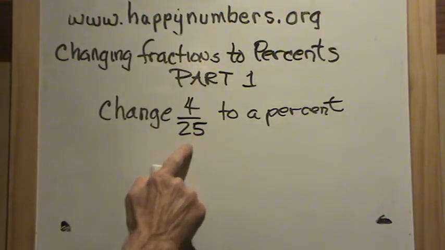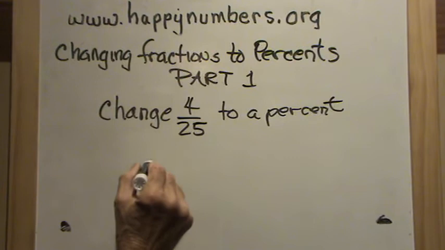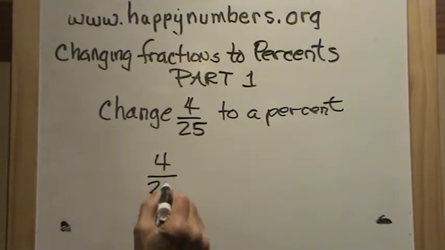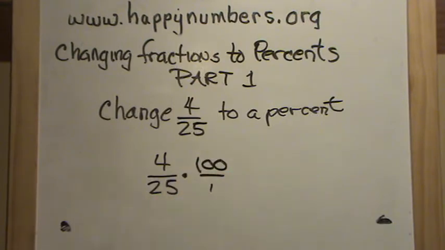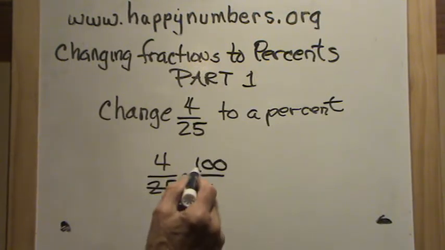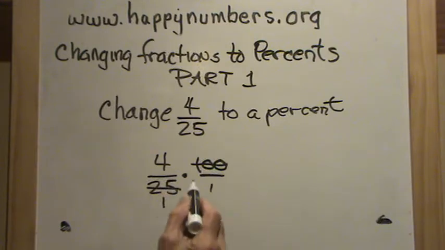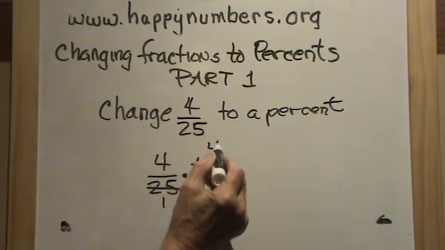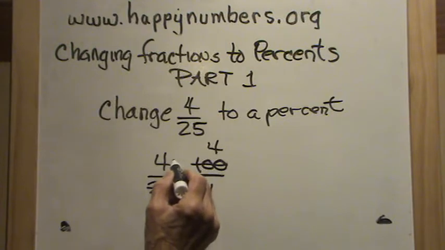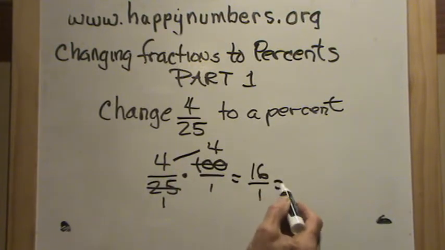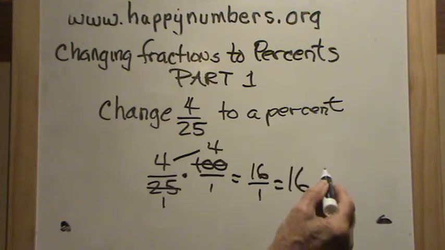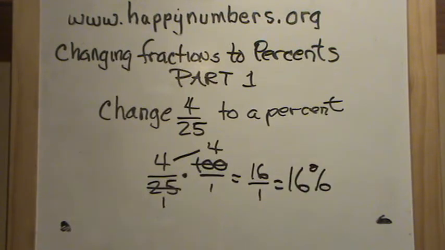Well, 25 goes into 100 evenly, so we can use the method of multiplying by 100 over 1. 25 goes into 25 one time. 25 goes into 100 4 times. Now we multiply. 4 times 4 is 16. 1 times 1 is 1. That's equal to 16, and we have to put our percent sign.